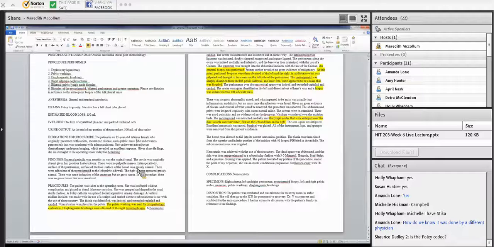If it's abnormal, they may say it appears grossly abnormal. So that's what gross means. So keep that in mind. It's not that it's like gross.